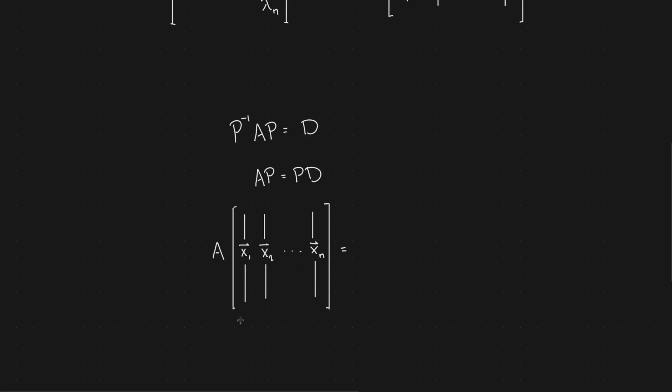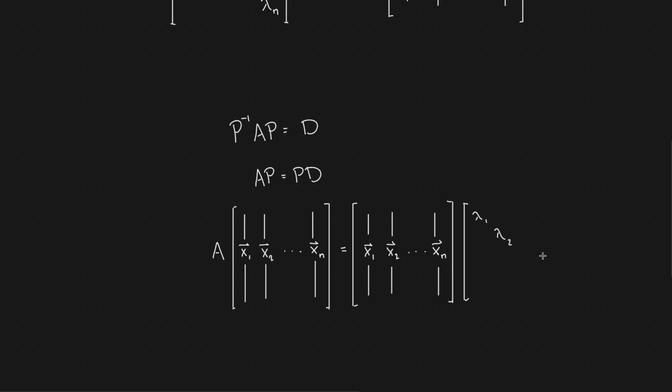So I have A times P equals, and now I'm going to have matrix P on the other side of the equation, with columns equal to vectors x1 to xn. And then I have matrix D with just its diagonal entries lambda 1 to lambda n.